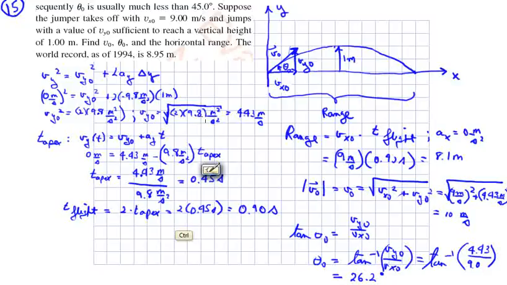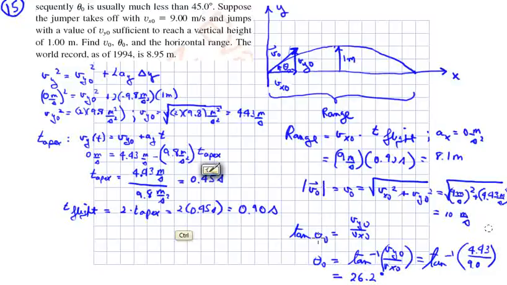Now that I know vy naught, I can do two things very quickly. I can calculate v naught, in other words the magnitude of the v naught vector, which by the Pythagorean theorem is the square root of vx naught squared plus vy naught squared, 9 meters per second squared plus 4.43 meters per second squared, 10 meters per second.